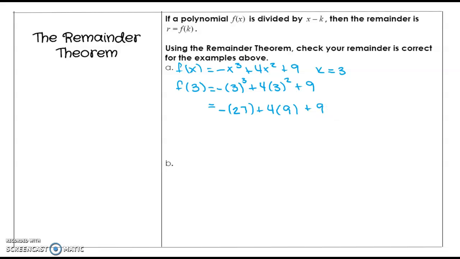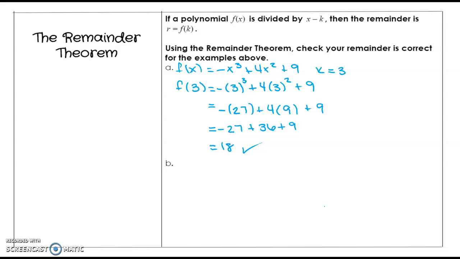Negative 1 times 27 is negative 27. 4 times 9 is 36, and bringing down our plus 9. If we add all of this together, we get 18. Since 18 is the remainder we got above, we know we are correct.